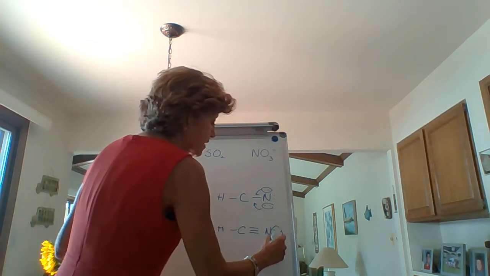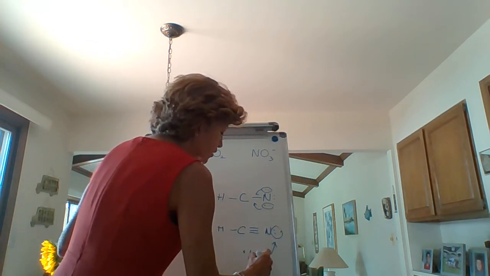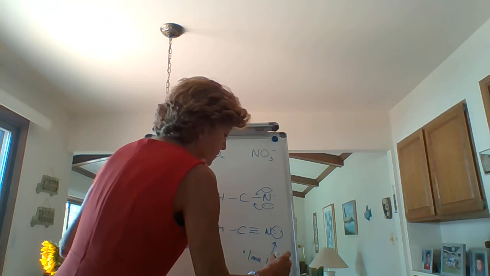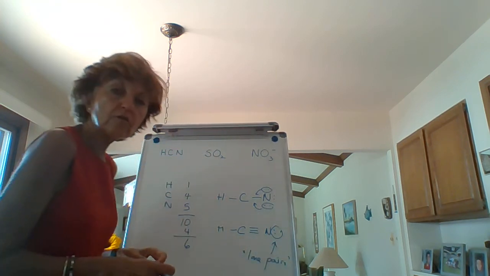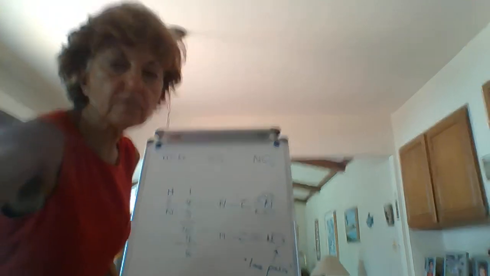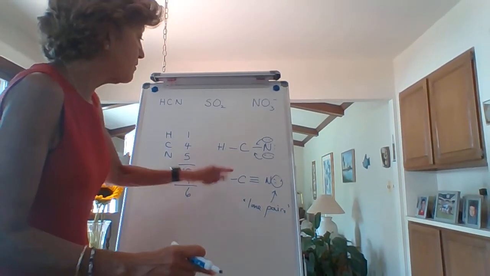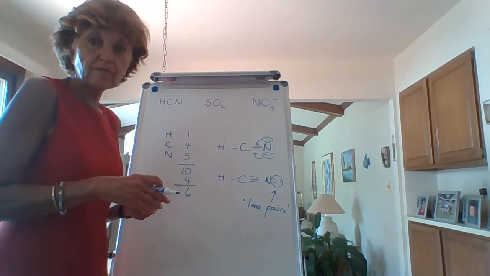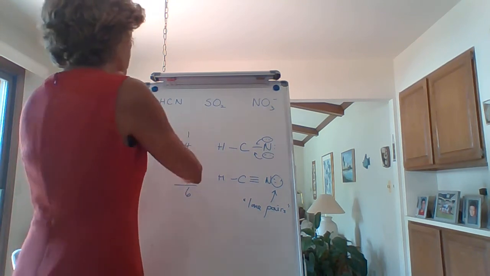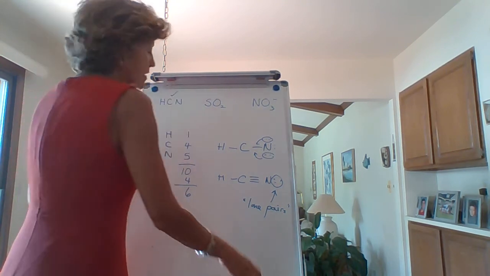Sometimes the non-bonding pairs, we call them lone pairs. Okay, so there's 1 lone pair of electrons and 4 bonding pairs. Okay, so that's this one. So we're done with this one.